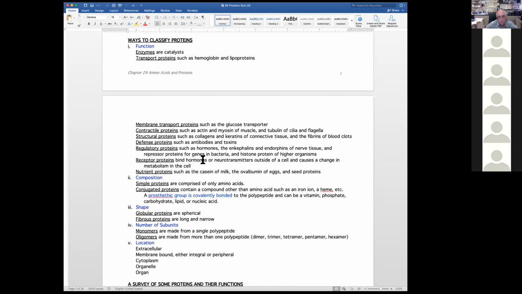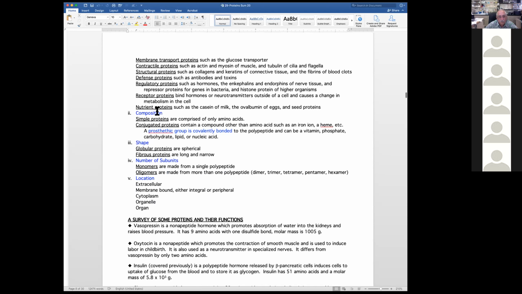Another way to classify is by composition. So you have simple proteins. That means they have only amino acids in them. And then you have conjugated proteins. Those contain a compound other than an amino acid. It could be an iron atom.